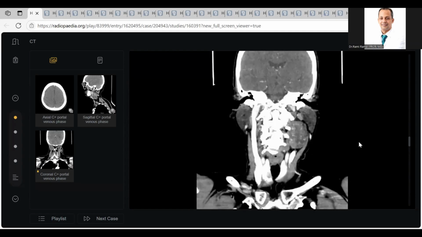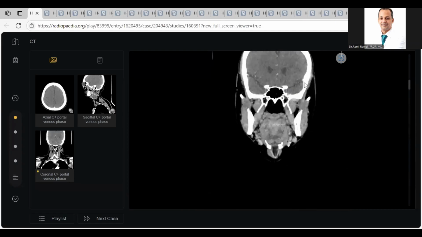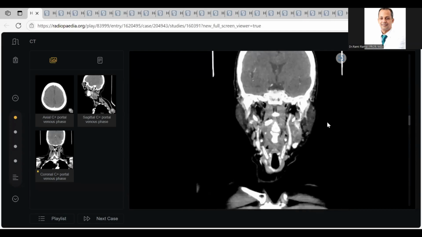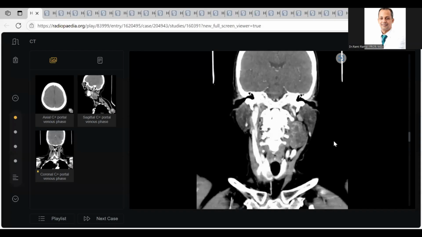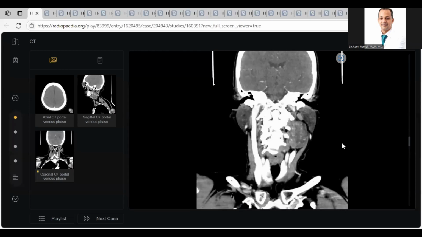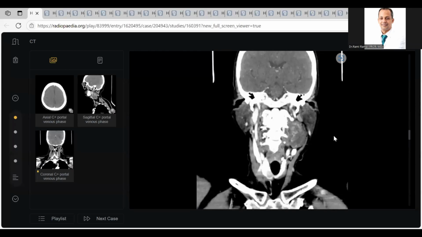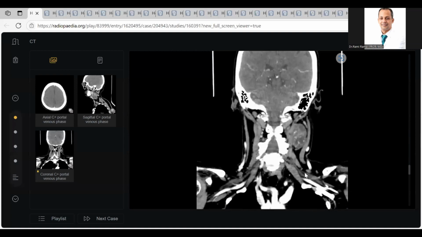Rest of the brain parenchyma appears unremarkable. I cannot see any necrotic lymph nodes. Do you want to exclude any associated signs? Yes, sir. Displacing sign of the carotid vessels. Let me see, sir.